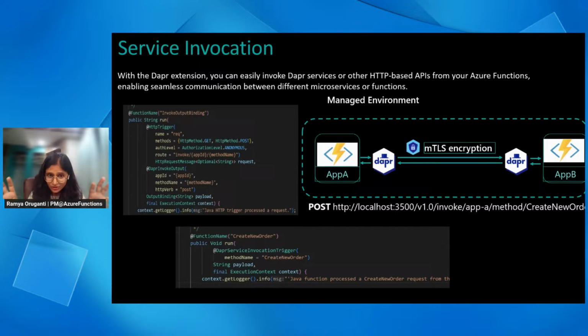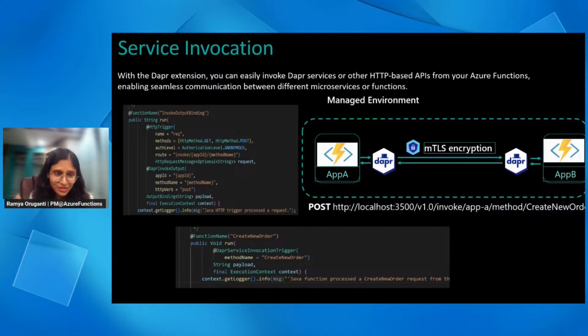As you can see, both the function apps are enabled with Dapr. It has a sidecar, and between these two function apps, a secure channel has been established, and the invoke happens as per the events that happen. Also do note that the Dapr enabled service invoke trigger app is invoked using an app ID. So you need not specifically provide a long URL to invoke your function app enabled with Dapr service invoke.